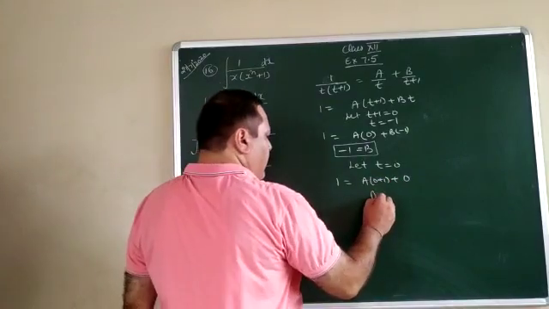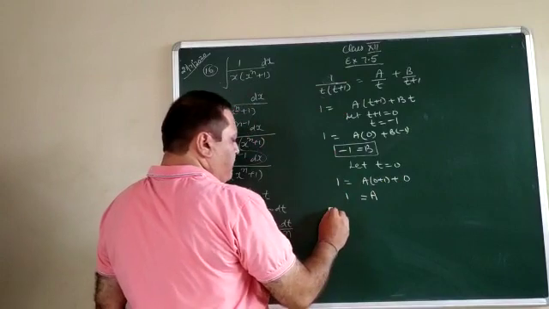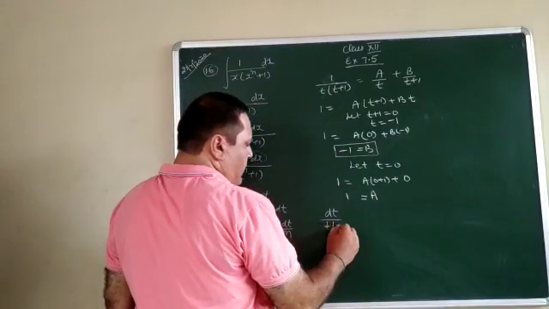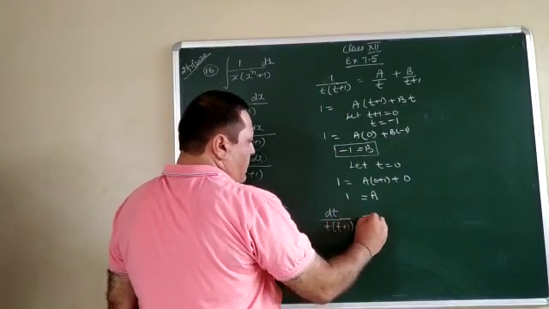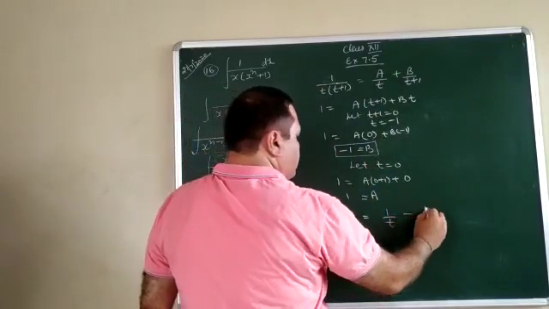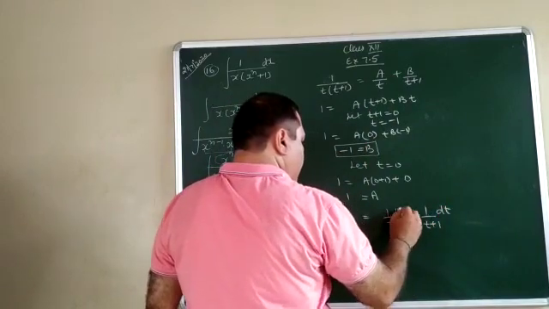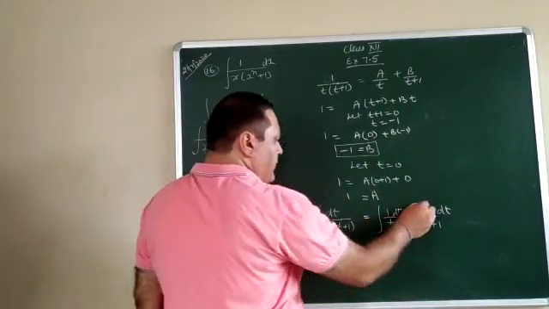What is the value of a here? a equals 1. Substitute the result here: dt upon t into t plus 1 equals a, 1 upon t, minus b, 1 upon t plus 1, along with dt, and go for integration.